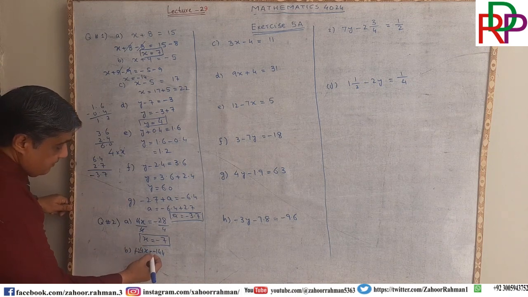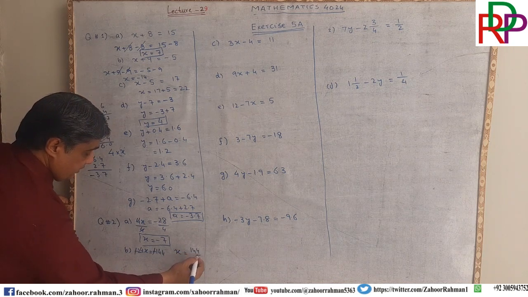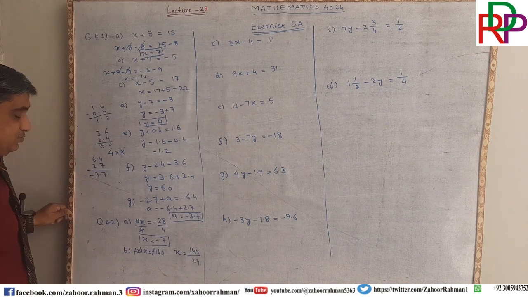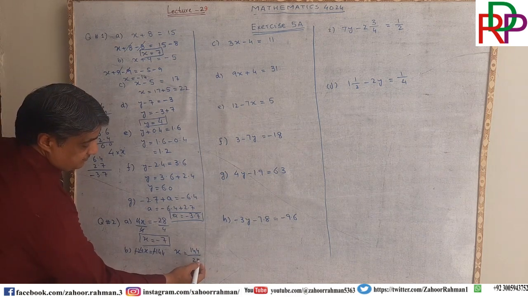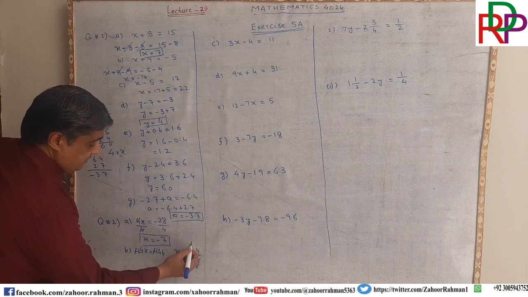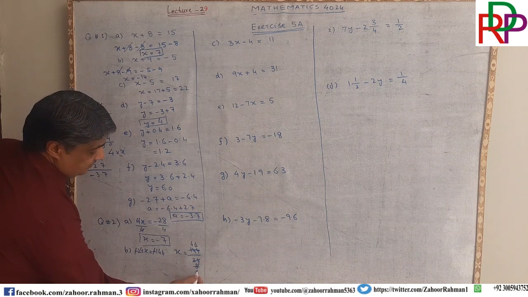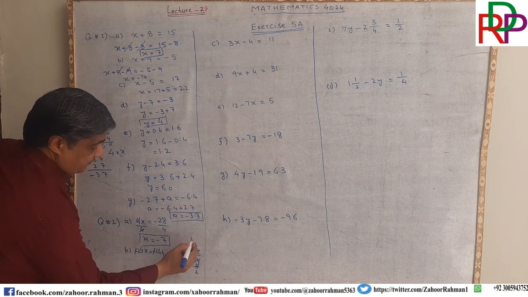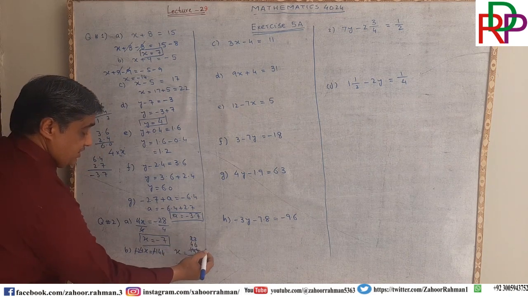This minus will be cancelled with this, and x is equal to 144 divided by 24. So when we divide this by 3, 3 8s are 24, 3 4s are 12, 3 6s are 18. And again this by 2, 2 2s are 4, and 2 3s are 6.